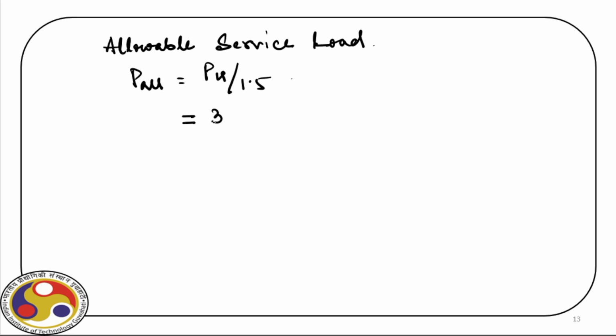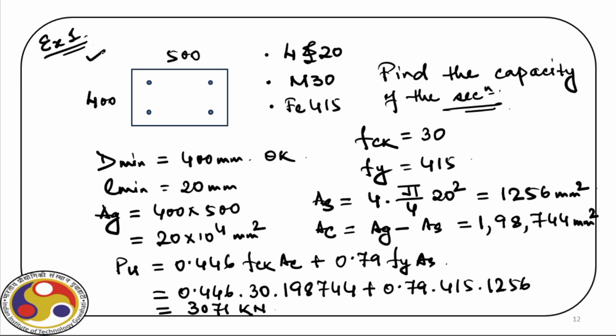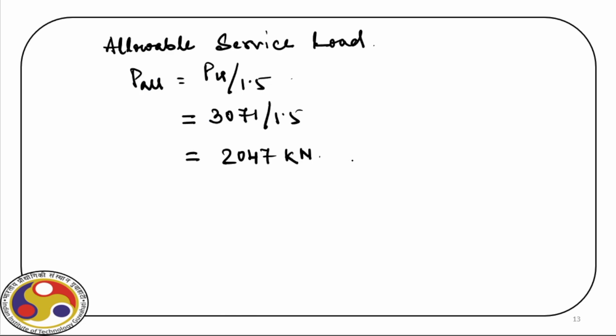So we have 3071 divided by 1.5, so we have 2047 kilonewton. So for the given cross section, here you can see we have estimated the allowable service load.